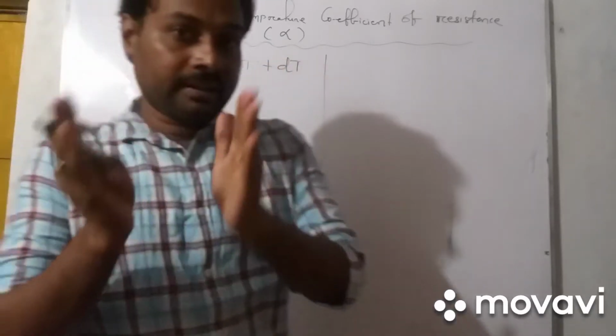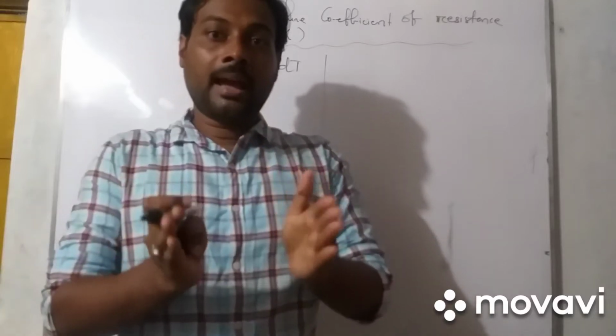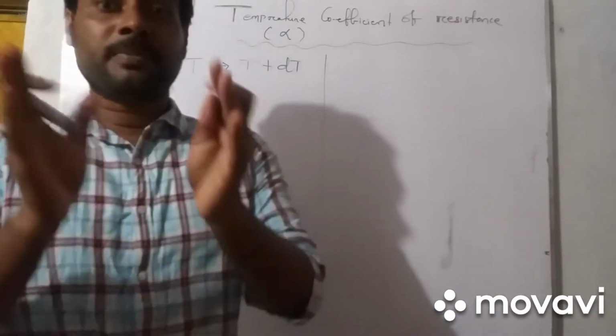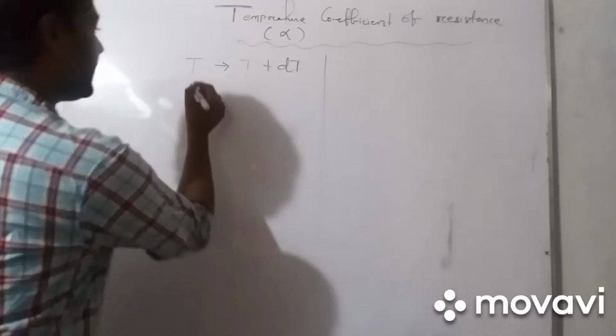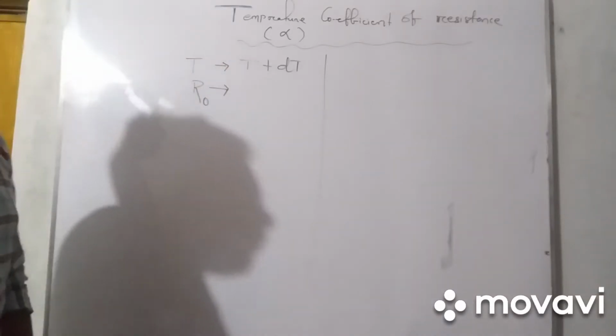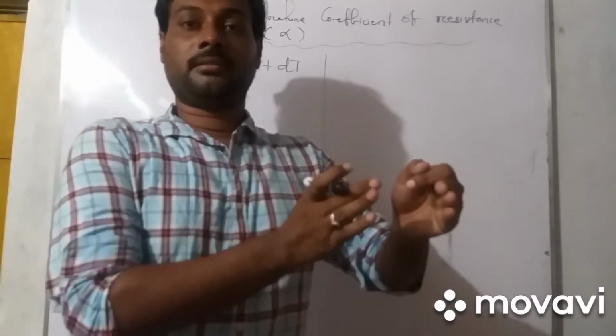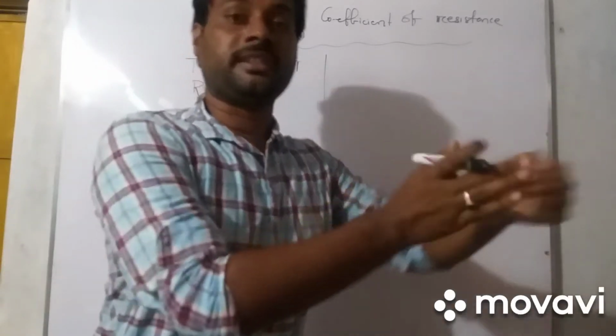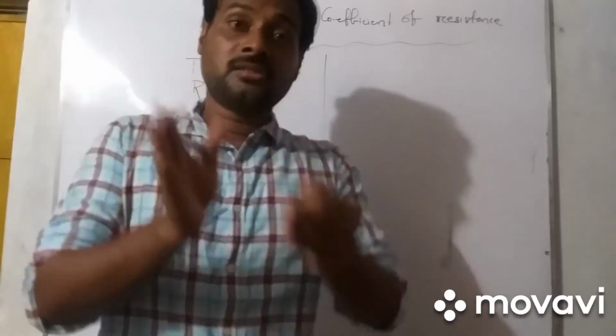At a particular given temperature, the material has some resistance, which is represented as the initial resistance, denoted by R naught. While we increase the temperature, that means T to T plus dt, the resistance also increases.